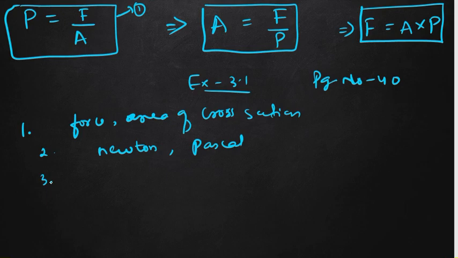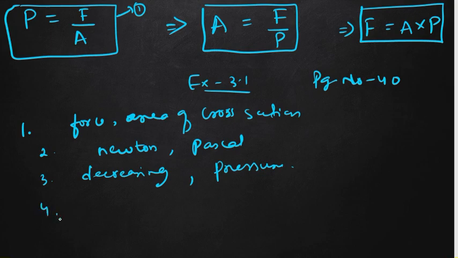So from equation 1 only, pressure and area: if area increases, pressure decreases. So if area decreases, then obviously the pressure will increase. So it will be: because by decreasing the area of cross section, the pressure increases.